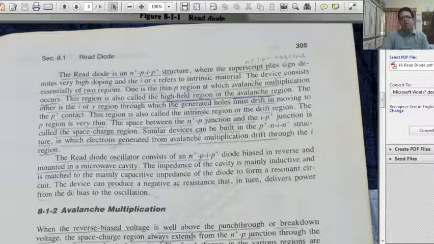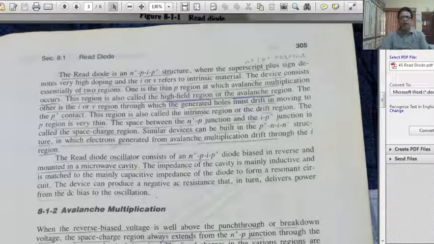Similar devices can be built in the P plus I P N plus structure, in which electrons generated from avalanche multiplication drift through the I region. Here electrons are generated and they are drifting through the I region towards the N plus region.